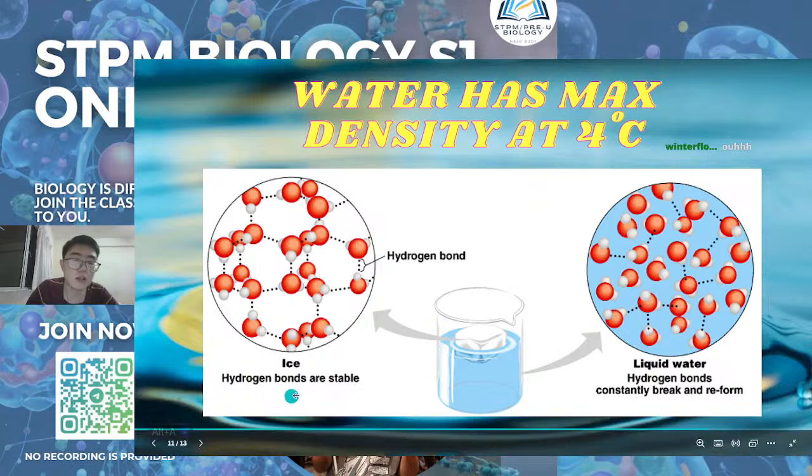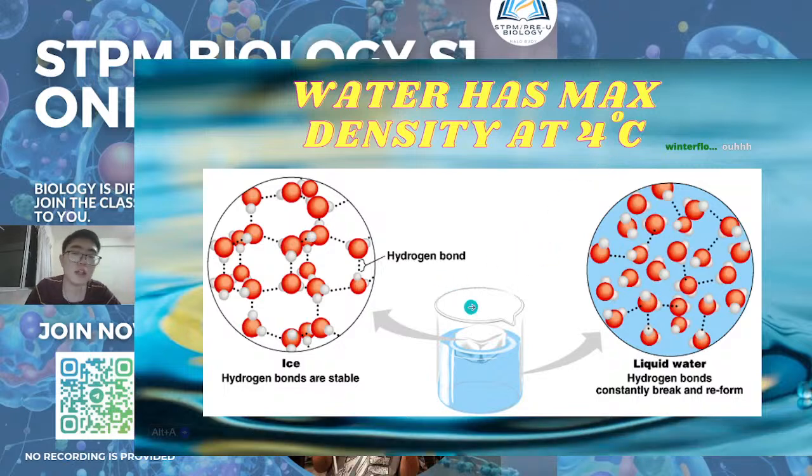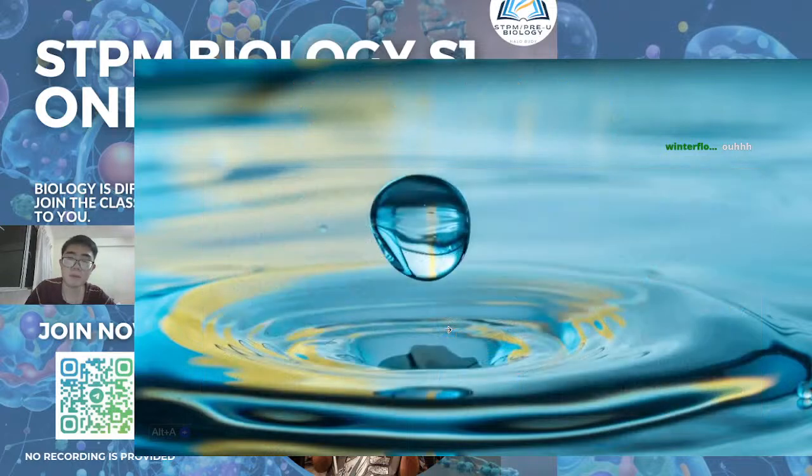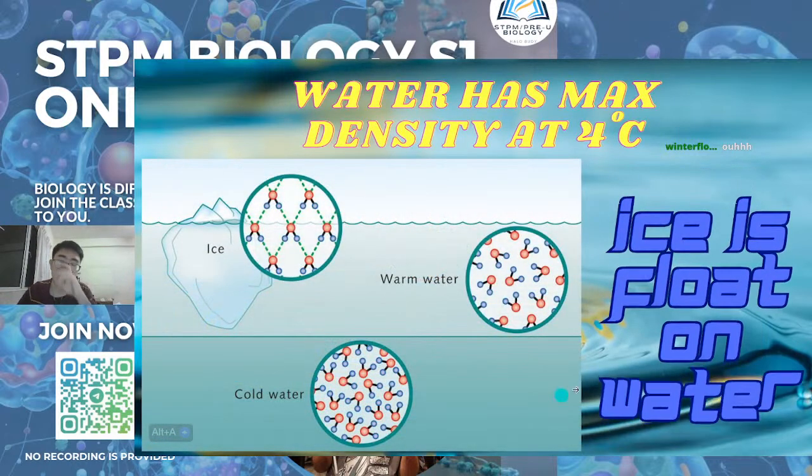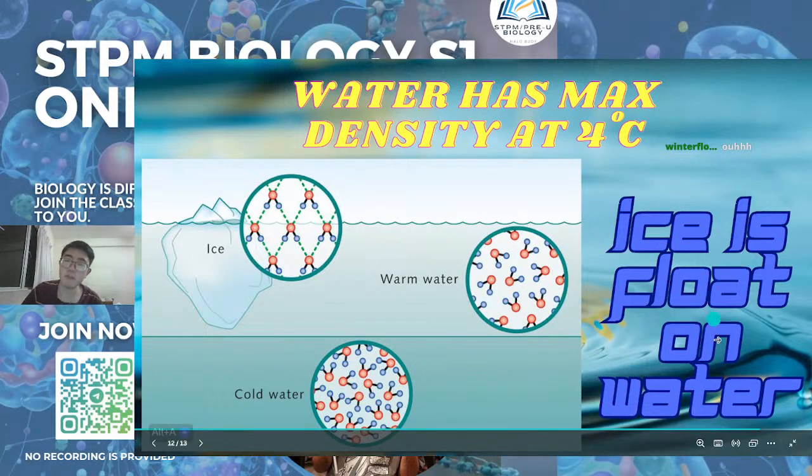So that is why the hydrogen bonding is stable at 4 degrees Celsius only. When it is below 4 degrees Celsius, the hydrogen bond is not stable. It will not be stable. Okay. So that is why ice can float on water.